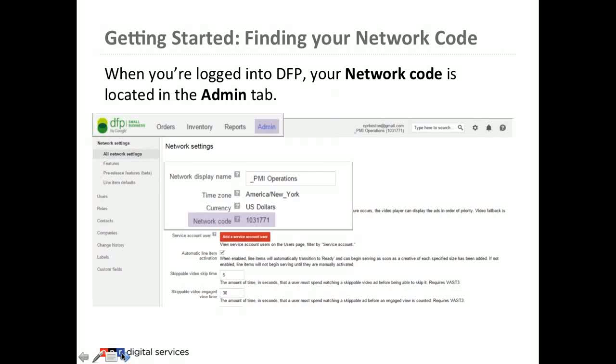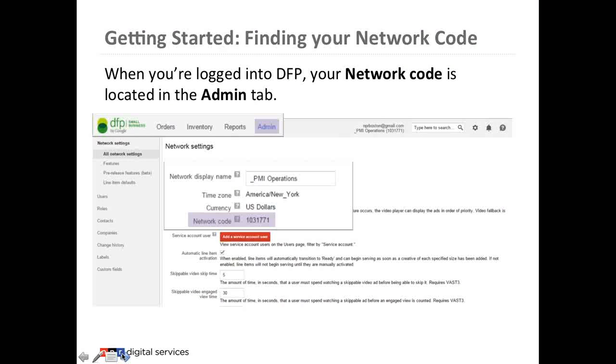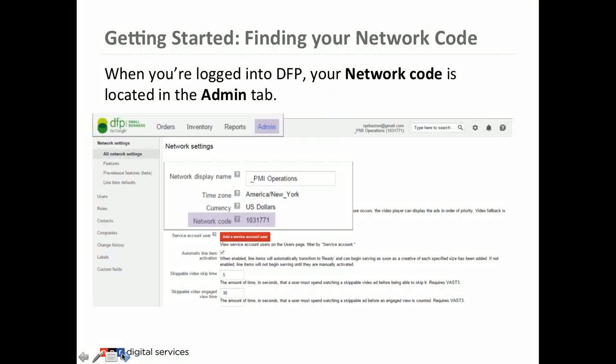So let's go through that first step. How do you connect your core publisher responsive site to DFP? There are two things that connect your core publisher responsive site to DFP. The first thing is your network code.